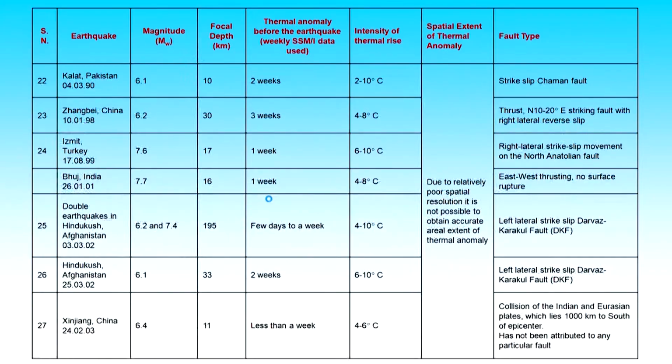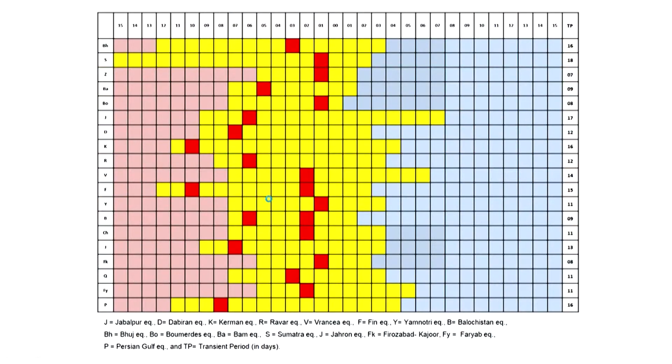But especially in the Himalayan region, we have seen the examples of thrust fault regimes of the Chamoli earthquake and Nepal earthquake. Likewise, as I mentioned, we have analyzed about 28 earthquakes.